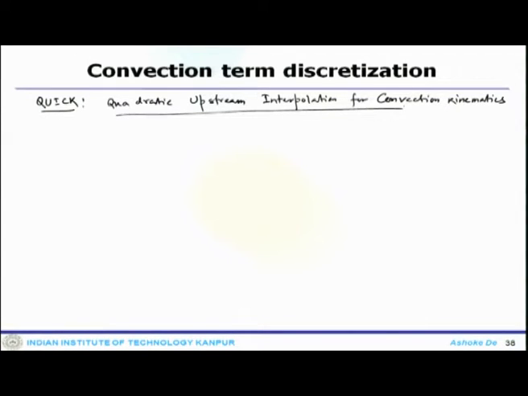QUICK is quadratic upstream interpolation for convection kinematics. So, that is what QUICK stands for.